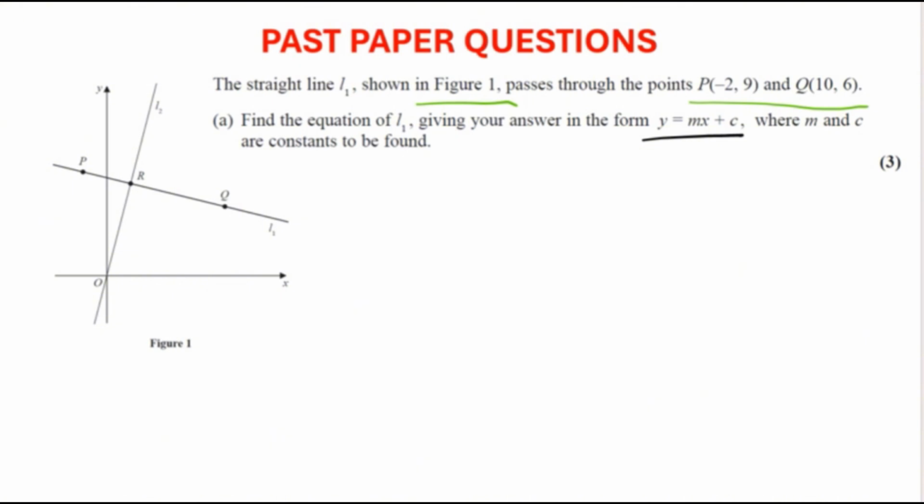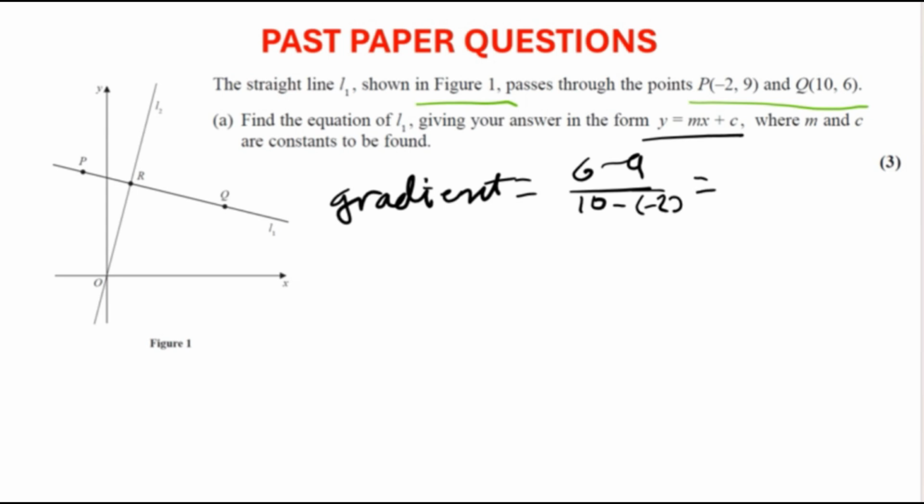So let's start. To find the gradient, we can use y2 minus y1 over x2 minus x1, which means 6 minus 9 over 10 minus minus 2. So 6 minus 9 will give you minus 3 over 12.